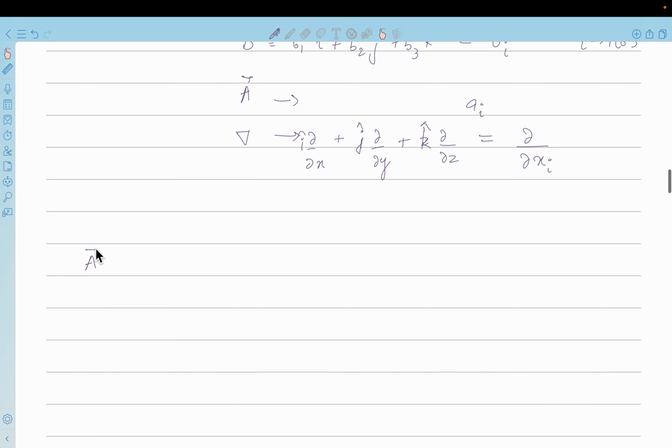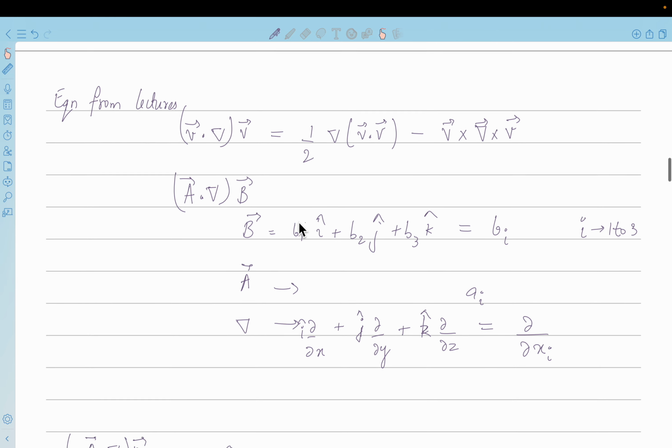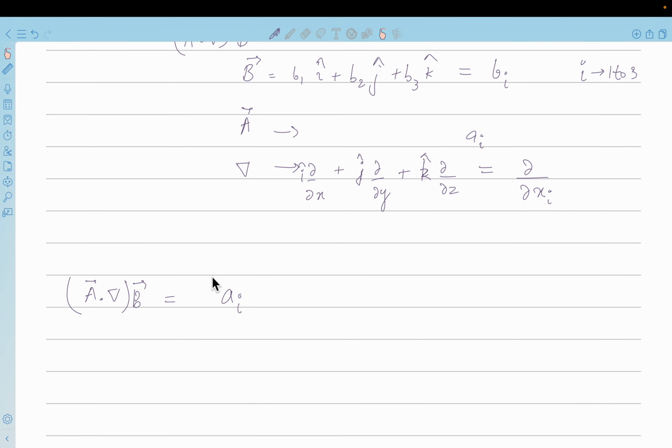Now let us see A dot grad B. So what does A dot grad of B give? Remember, it is like A1 into ∂/∂x. So it will have terms like A1 into ∂/∂x1. So instead of x, y, z, we can write this as x1, x2, x3.